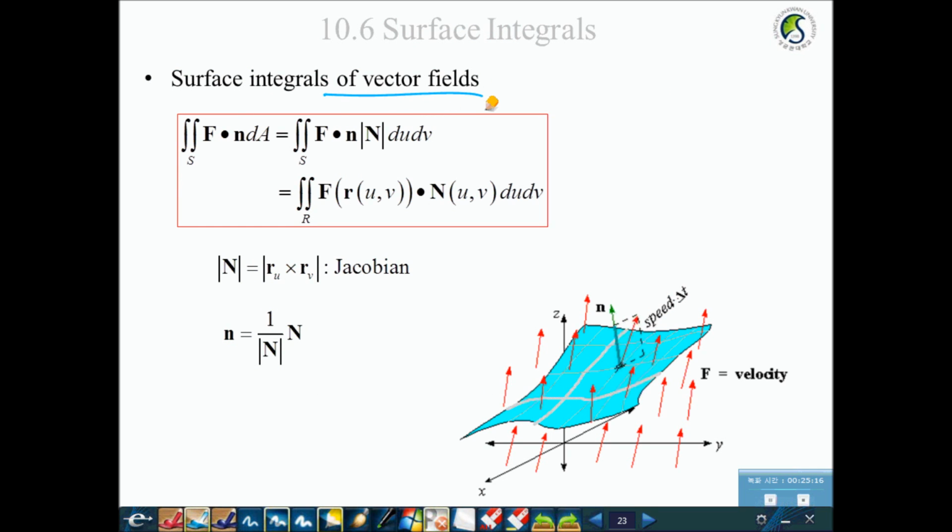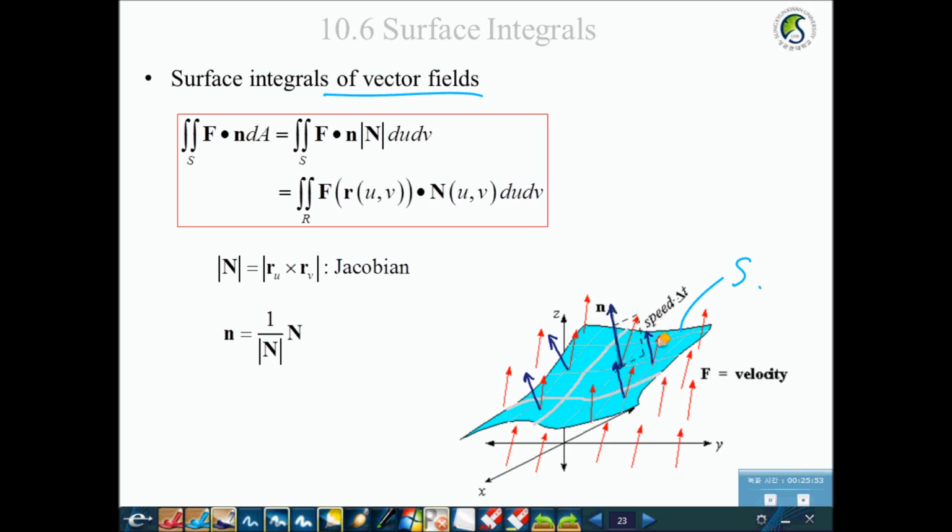Next one is the vector field. When there's a surface here, we have a vector field in space, and we want to get the normal vector of the surface. It changes depending on the position on the surface. The red arrows are the vector field existing at that spot.